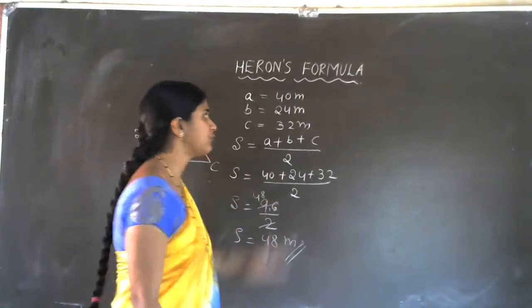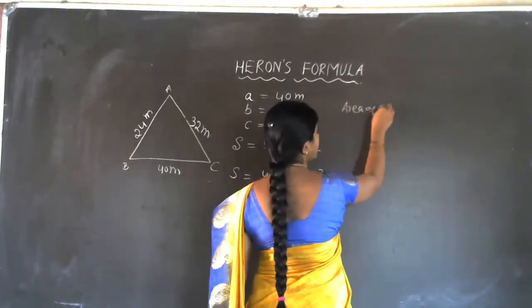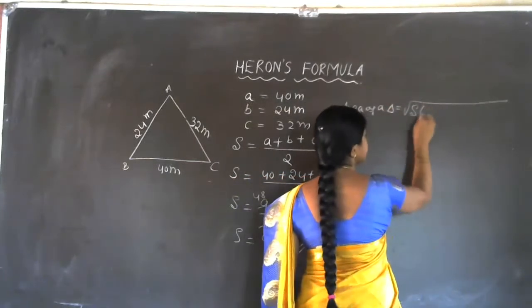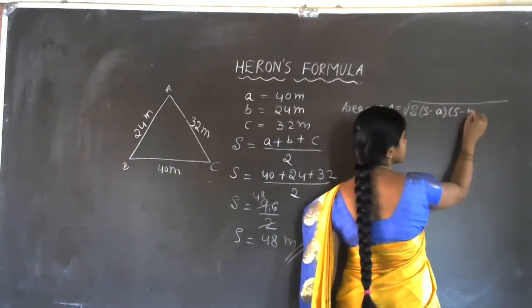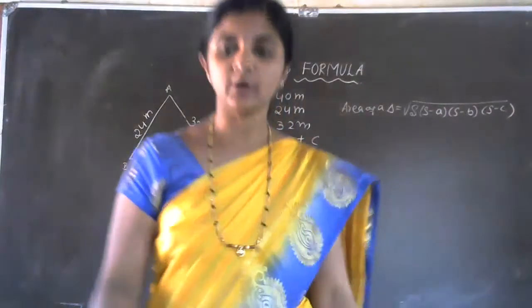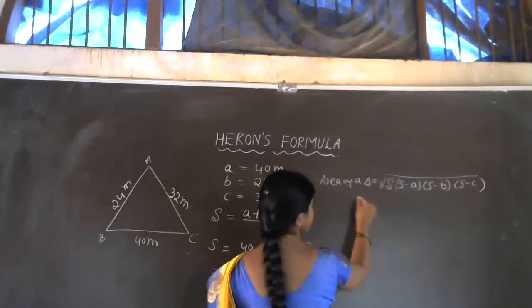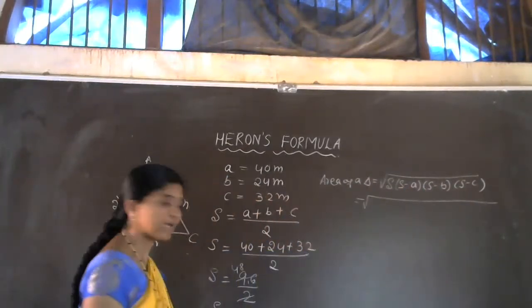Now we have to calculate the area of the triangle. Area of a triangle is equal to, write the formula, square root of S into S minus A into S minus B into S minus C. Now let us continue. We have to substitute the values. S value is 48.